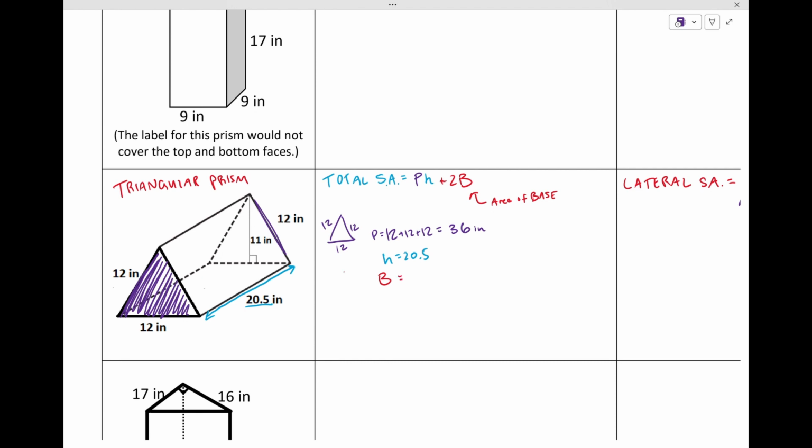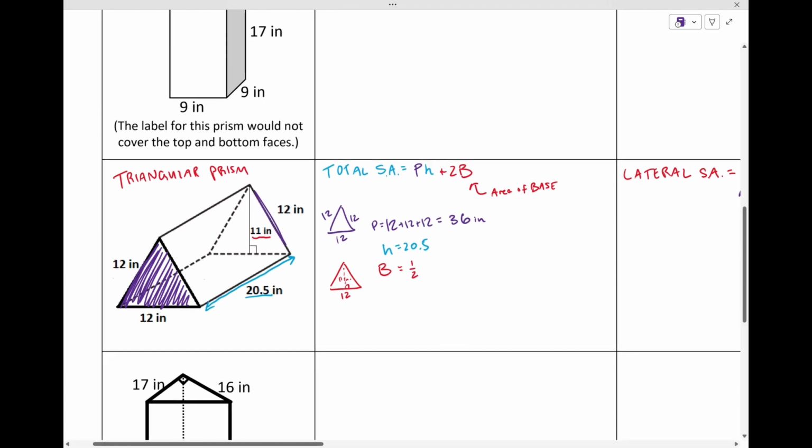Our base is a triangle. The base of the base, so to speak, is 12, and our height is 11 inches. It says it in the back over here. For the area of a triangle, you can check your STAAR sheet.